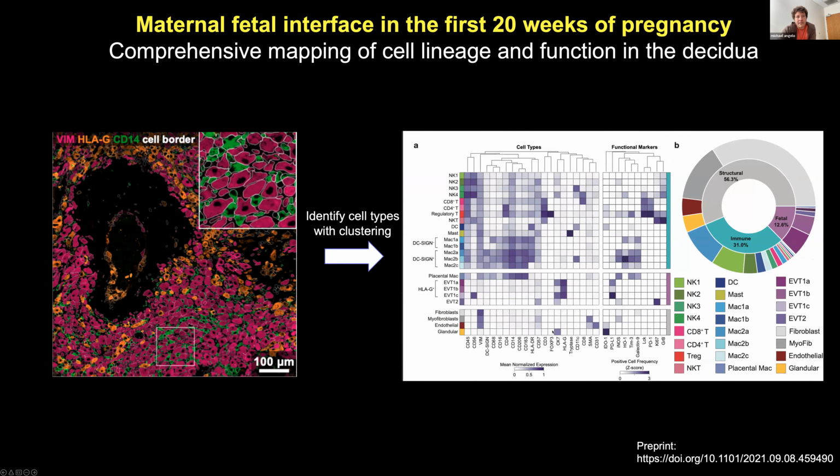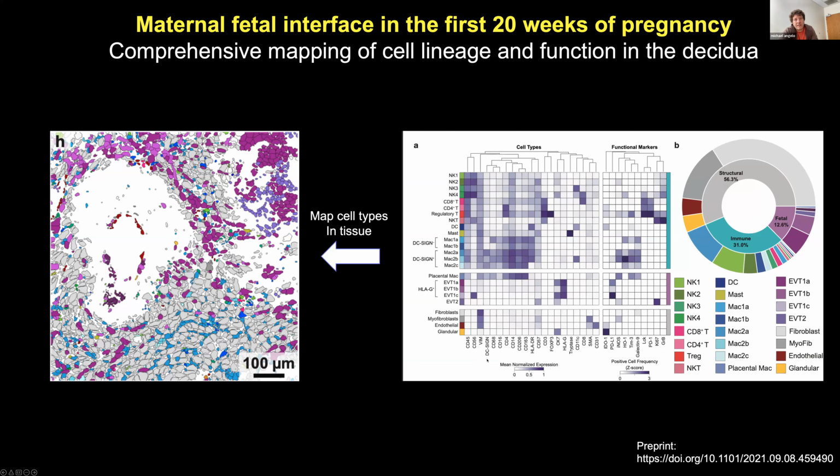You can see that we were able to cluster out a lot of different immune cell subsets, trophoblast subsets, as well as major decidual structural cells like fibroblasts and glands. Once we have those, we can map them back onto the tissue and start to ask, at a cell composition level, a lot of questions about how these things are changing.